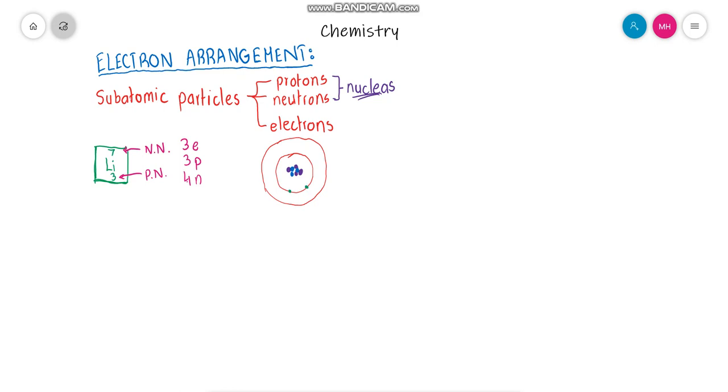Now we move on to the discussion of electron arrangement in atoms. We've already discussed that electrons are not situated in the nucleus. Rather, they are situated in these rings over here, which are called shells or energy levels.